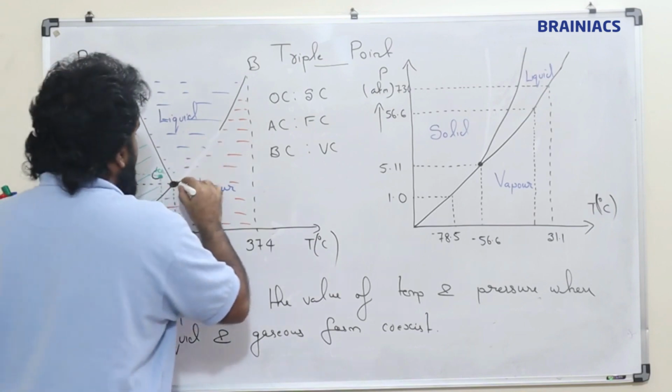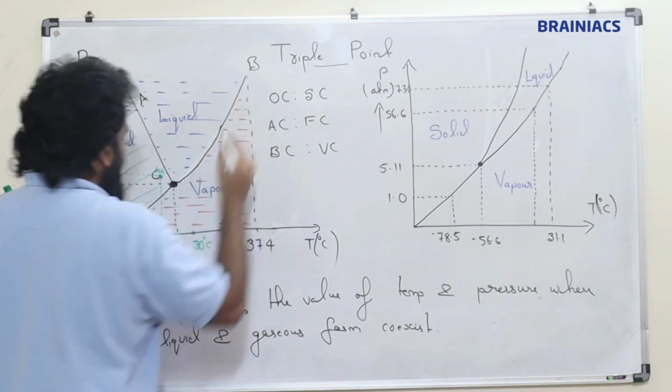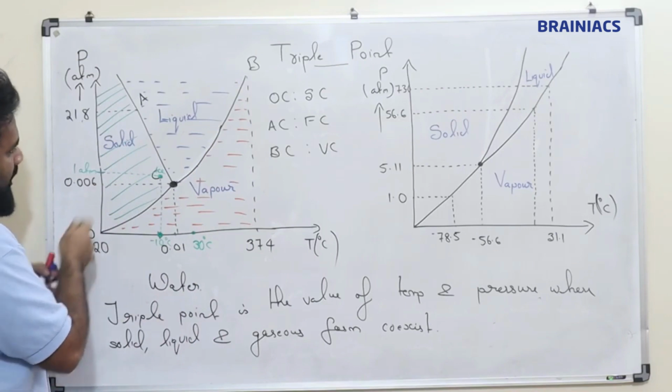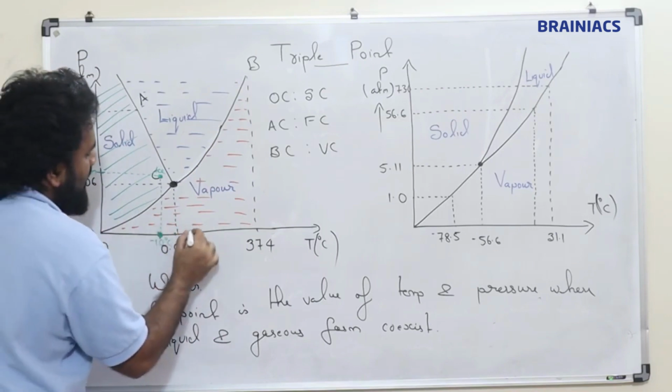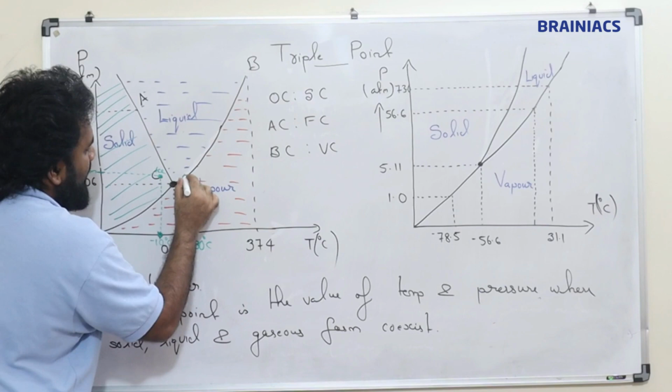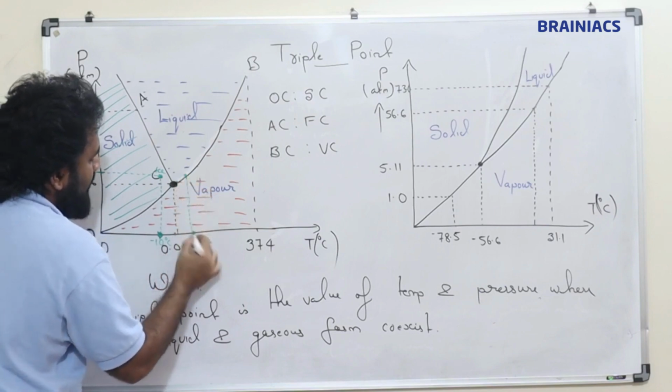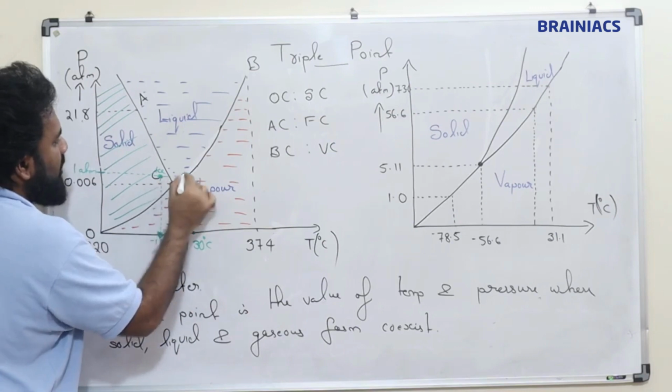We will make the curve like this. So at 30 degrees Celsius, at 1 atmosphere, we are getting somewhere here.